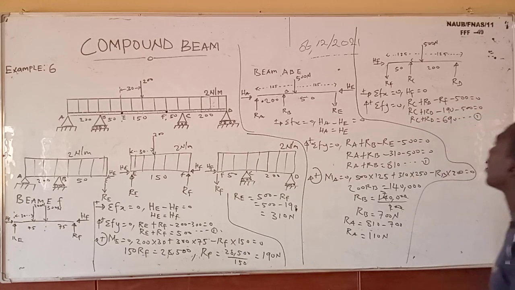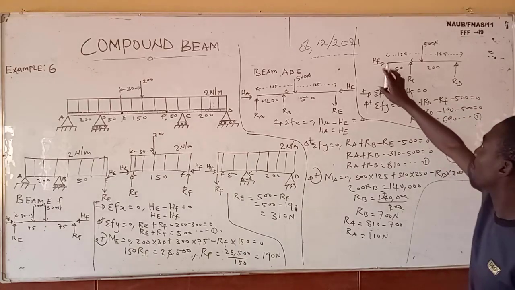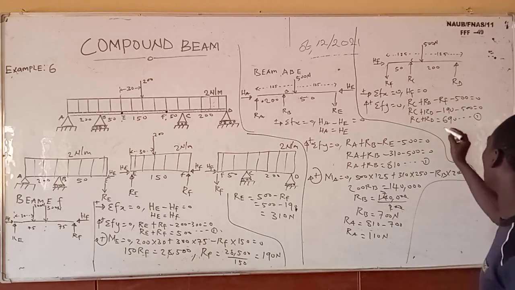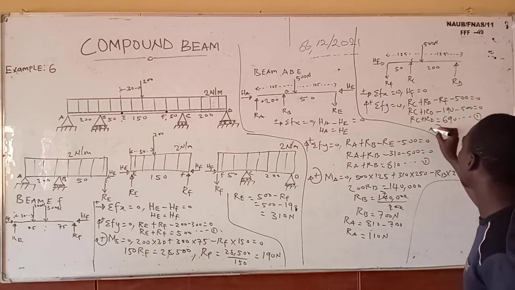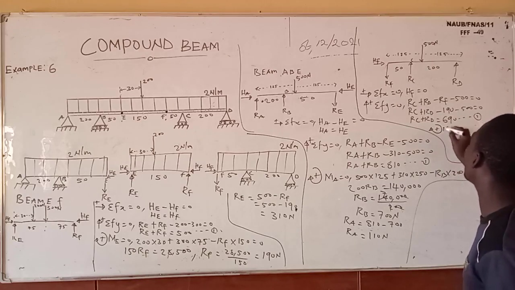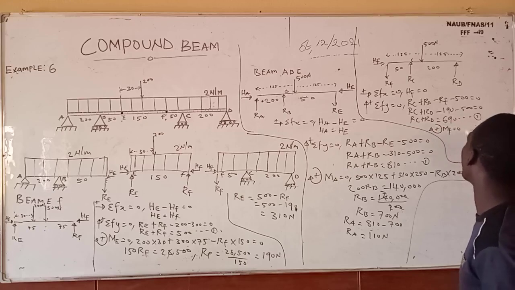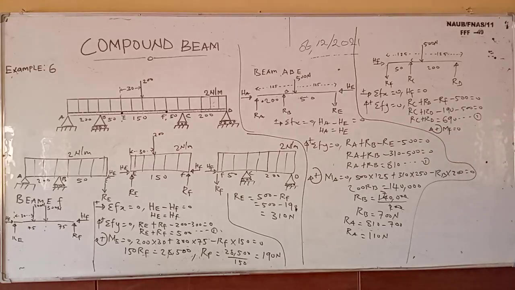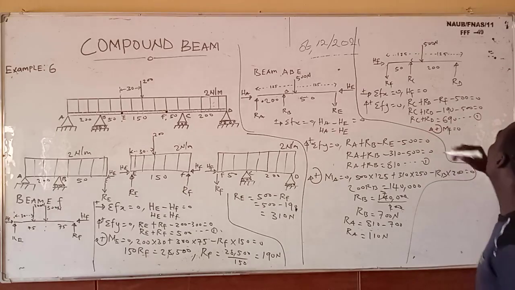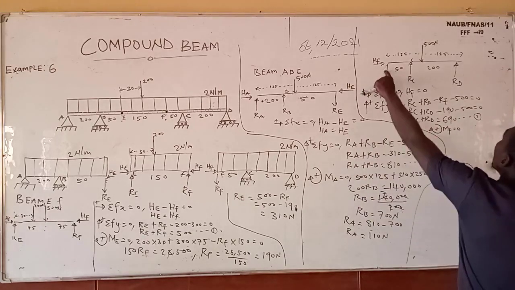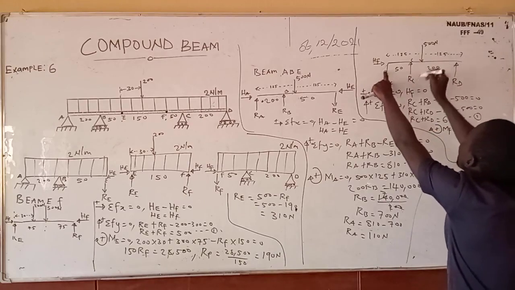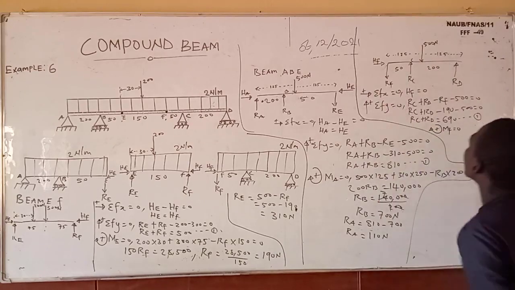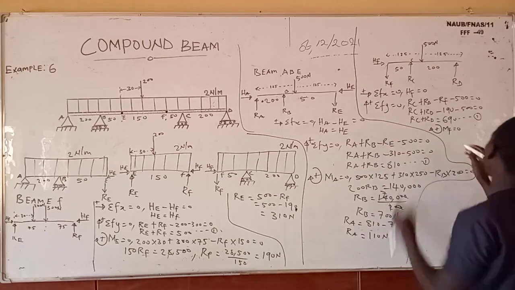So the next thing is to take my moment about F. I'm taking clockwise moment to be positive about F equals 0. So if I'm doing this, I'm having how many forces? 1, 2, 3. Downward force will give me a clockwise moment, so let me start with that.